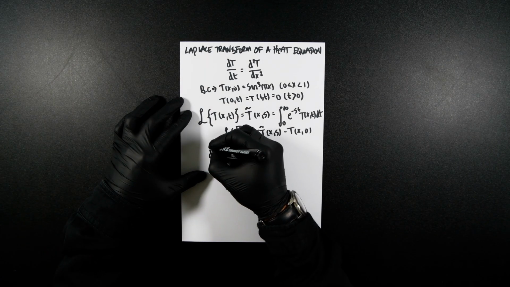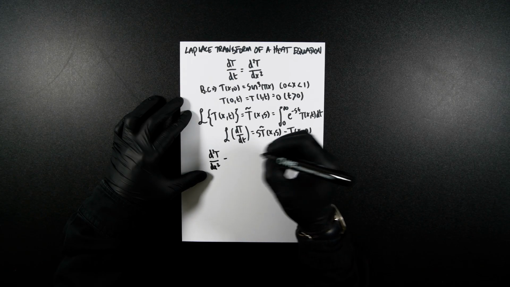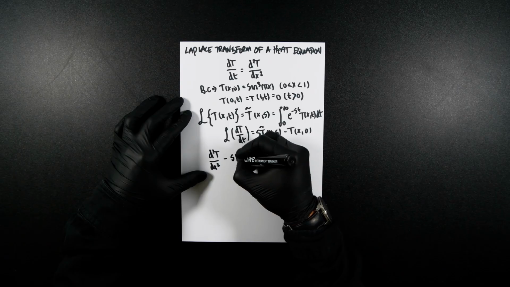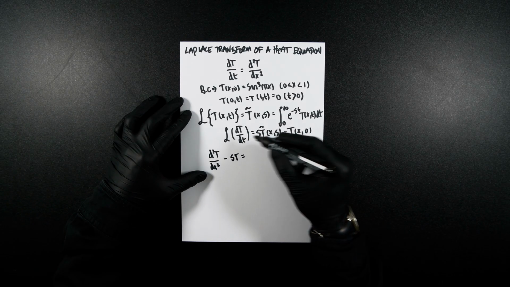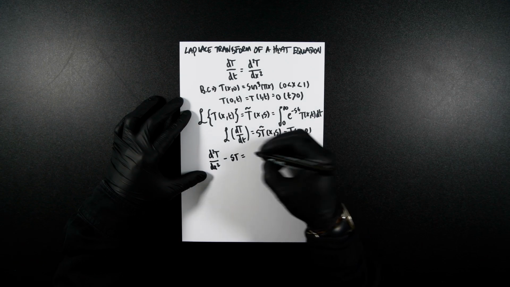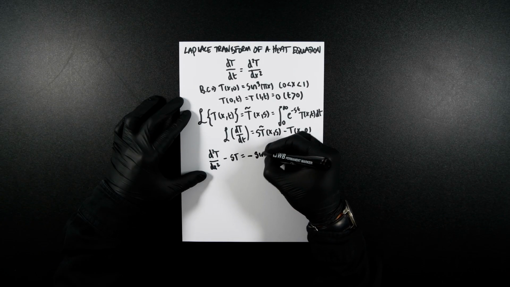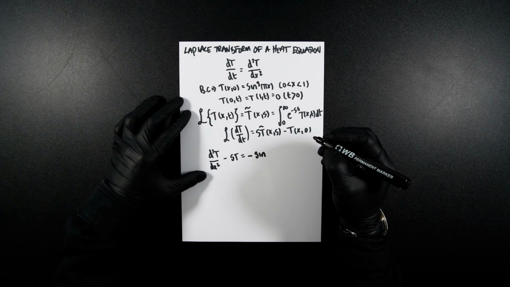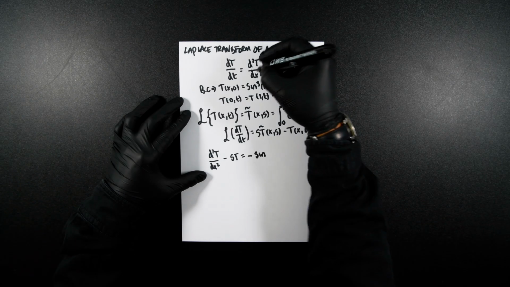So you're going to get d2T/dx squared minus sT is going to equal, because obviously we've deducted this from one side, and it's going to be minus, because remember that's minus, and that's going to be sine, oh, that shouldn't be cubed.